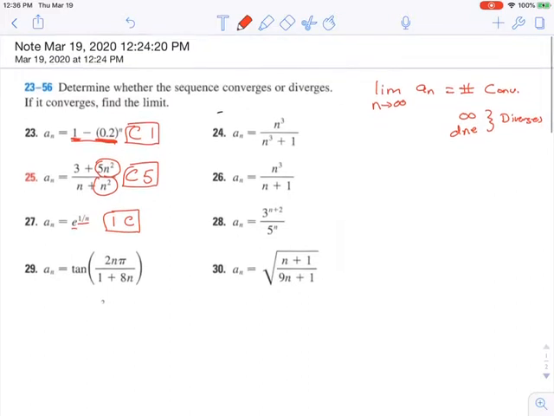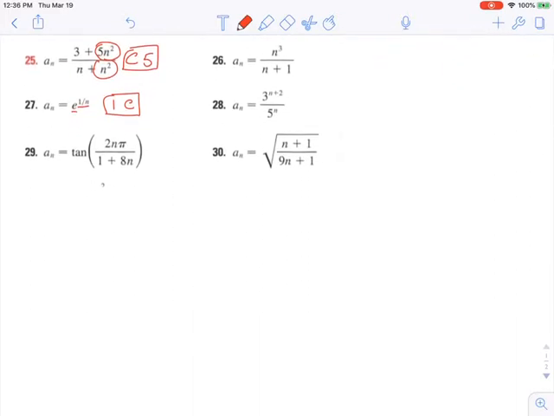Alright, this one right here, let's actually do this one with a bit of rigor. If we take the limit as n goes to infinity of 2n pi over 1 plus 8n, we can ignore this 1 here because it is insignificant.